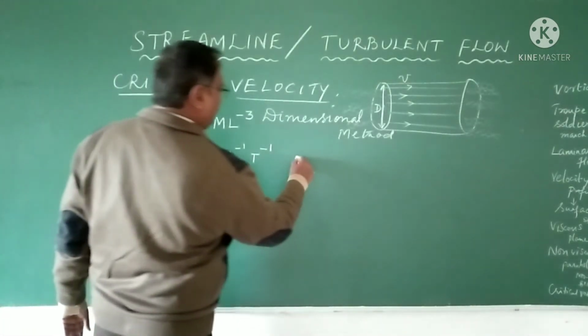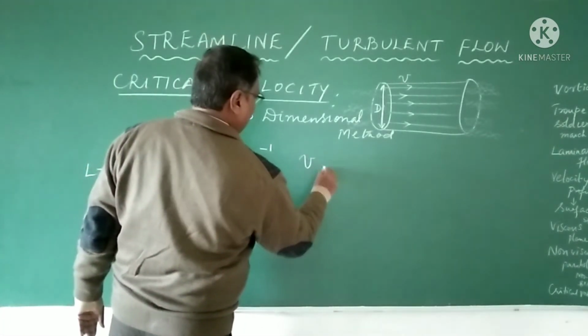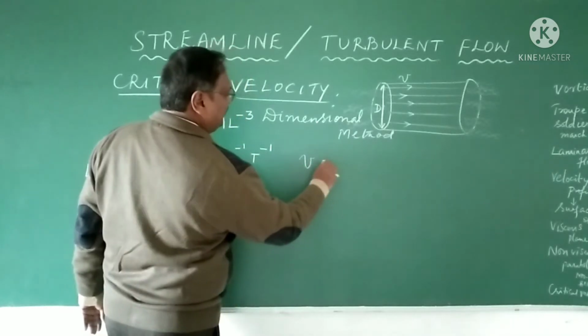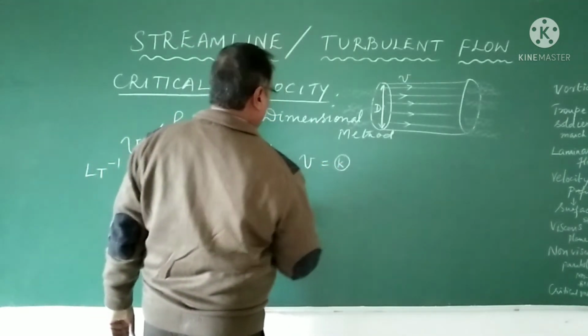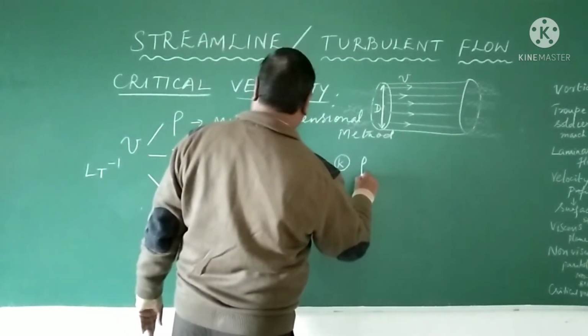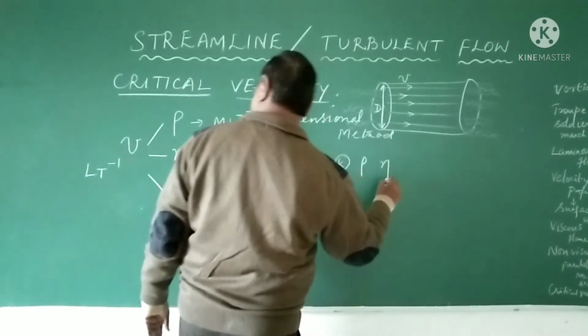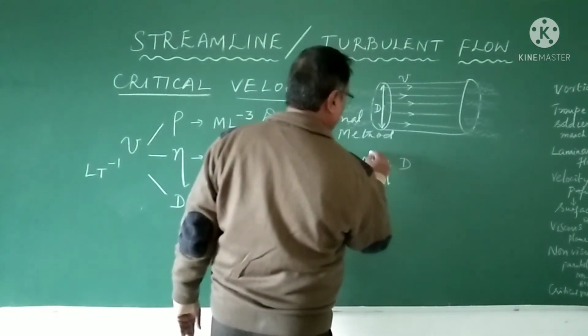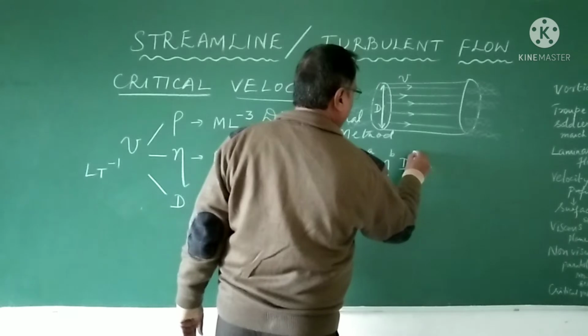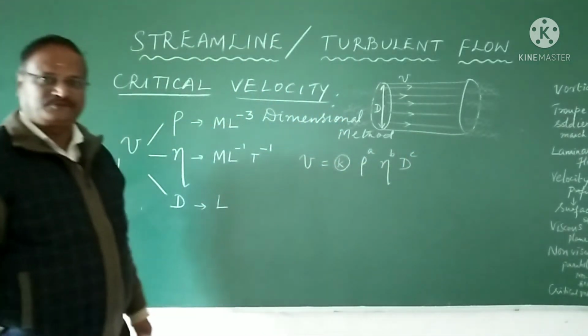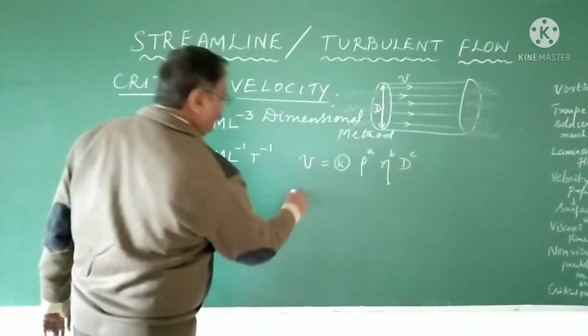Let me form an equation. Velocity is proportional to, or equal to, a constant K into rho to the power A, into eta to the power B, into diameter D to the power C. Let me substitute now.